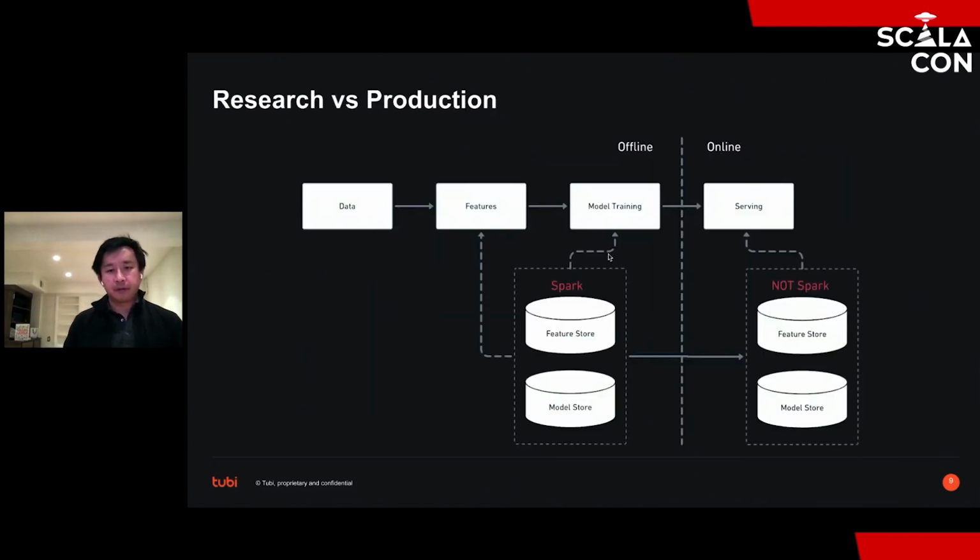Right. Another big difference between operationalizing machine learning and quote unquote classical software engineering is this aspect of research versus production. So you probably have models that you develop offline in a Jupyter Notebook or Databricks Notebook or something that runs over large amounts of data in your features, and you might do that in Spark or a similar system.